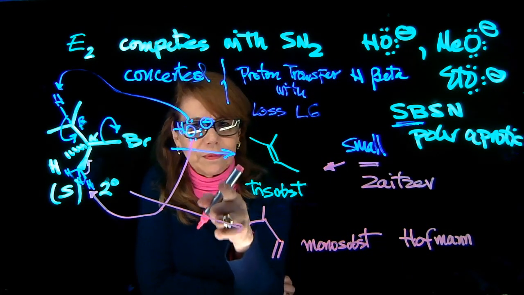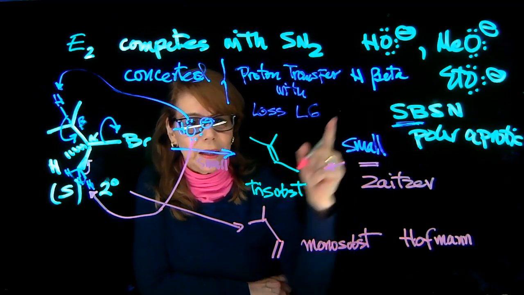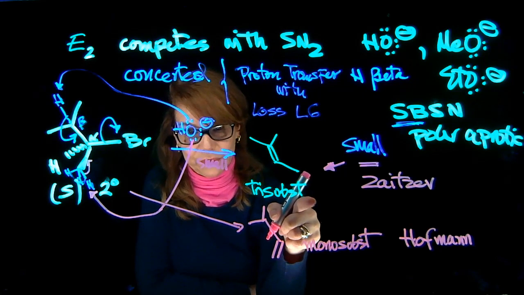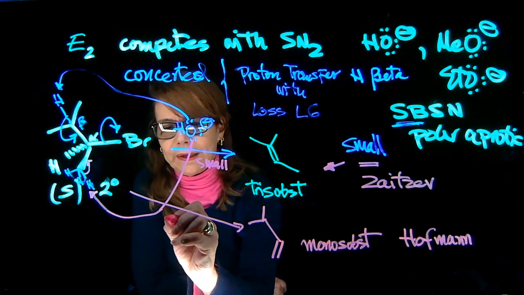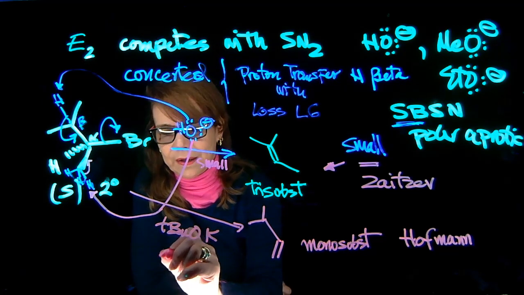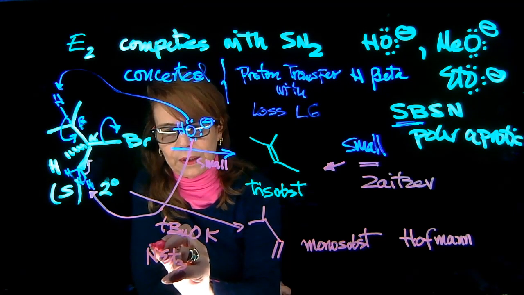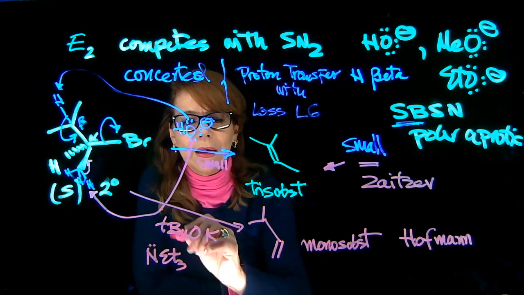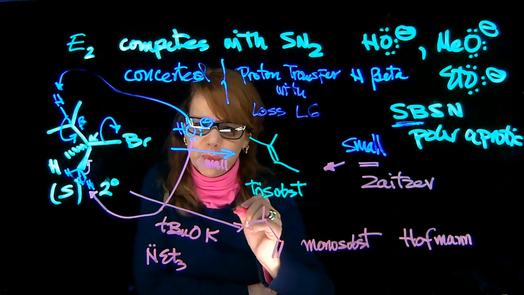If you use a small base, such as any of that, you favor the more substituted product. If you use a bulky base, say potassium tert-butoxide or triethylamine, those are some examples, then you prefer the least substituted product, so the Hofmann product.